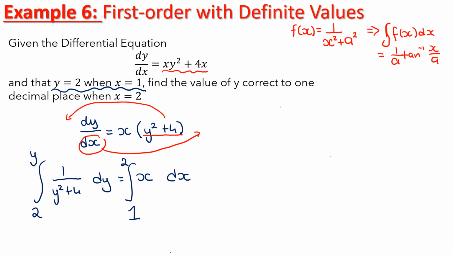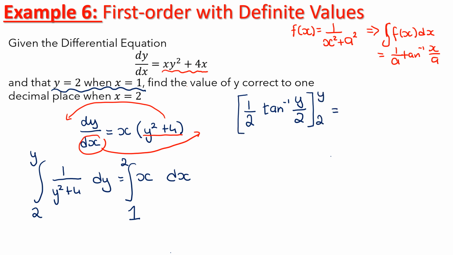So for us on that left-hand side, we end up with 1 over a, which is 2, because 4 is a squared. And then you have tan inverse of x, which in our case is actually a y, over a, which is 2. And then this has to be evaluated between y and 2.